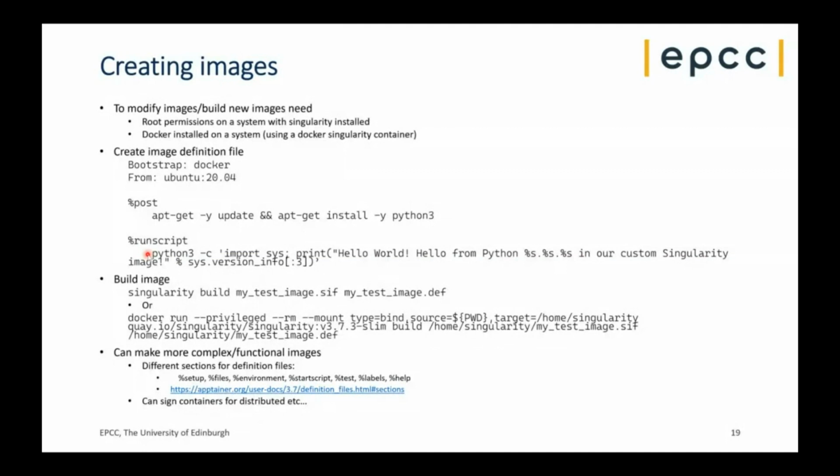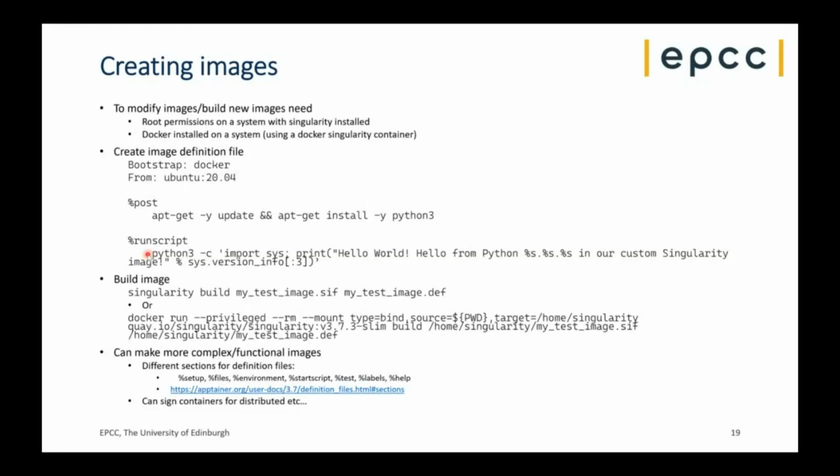The downside of containers is that to modify the container in any way, like install new software in it, generally you need root permissions. So you need access to a system where you have root access, so you have the permissions to install things centrally, and then you can modify the containers and build your image, your container, and then copy it across to ARCHER2.